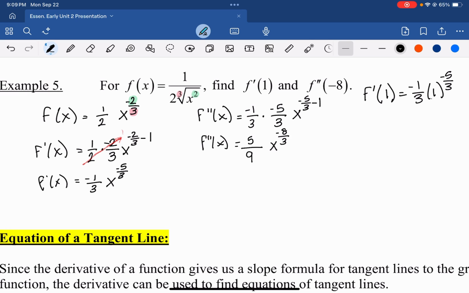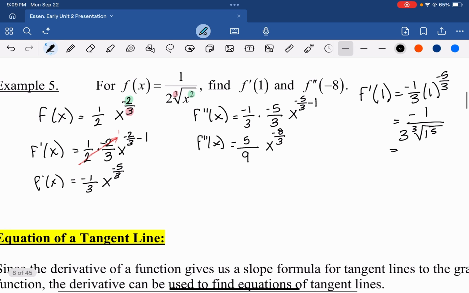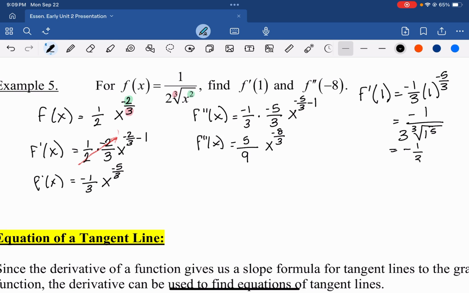This would also look like this: negative 1 over 3 times the cube root of 1 to the 5th. 1 to the 5th power is still 1, and the cube root of 1 is 1, so we get negative 1/3.